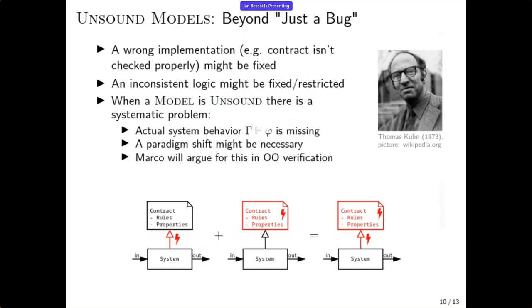And this brings us to the question, if we have an unsound model for something, like we've seen on the earlier slide with the null pointers, isn't that just a bug? Well, I would say that if you have something where it's just some implementation and some contract that isn't checked properly, then maybe that might be fixed.